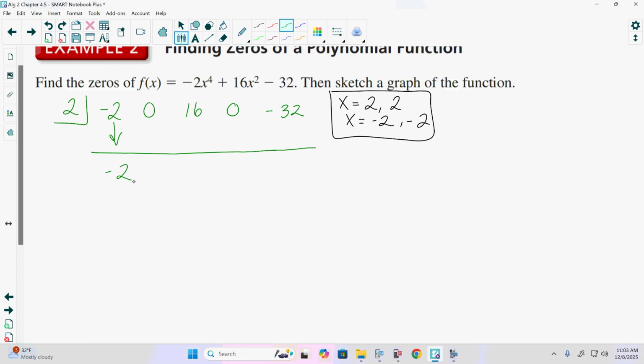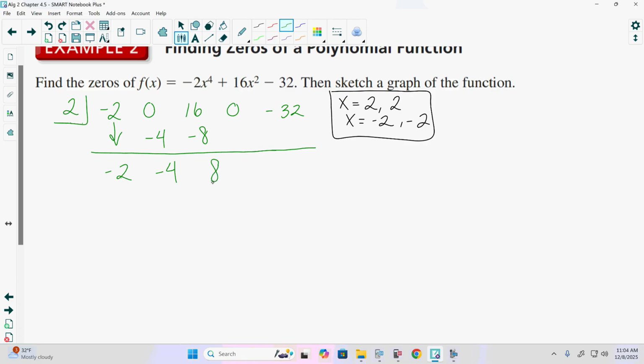And then we'll go through our synthetic division steps. So we'll say 2 times negative 2 is negative 4. 0 plus negative 4 is negative 4. 2 times negative 4 is negative 8. 16 plus negative 8 is going to be positive 8.